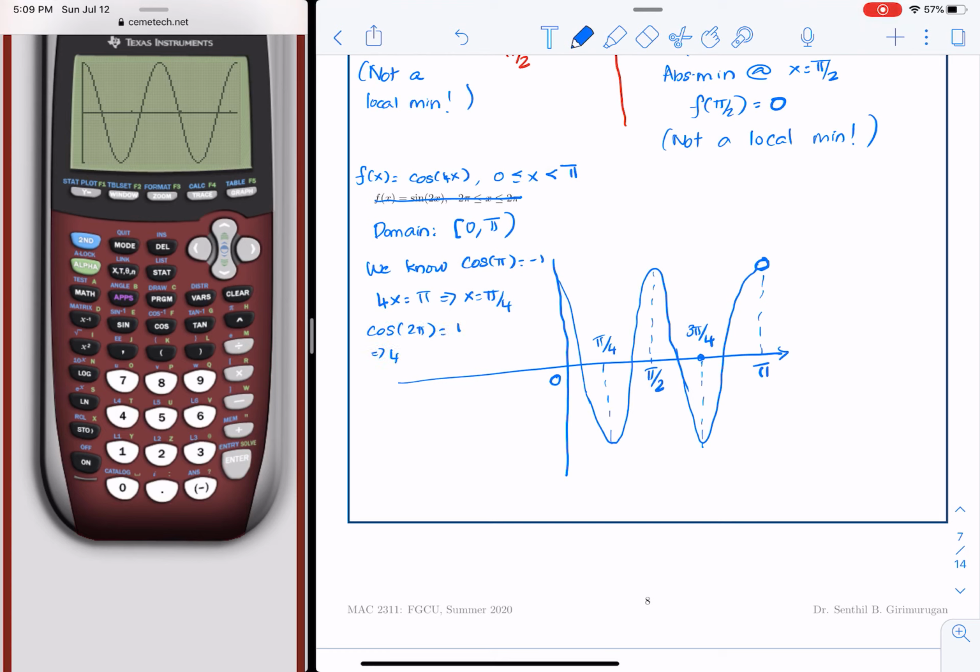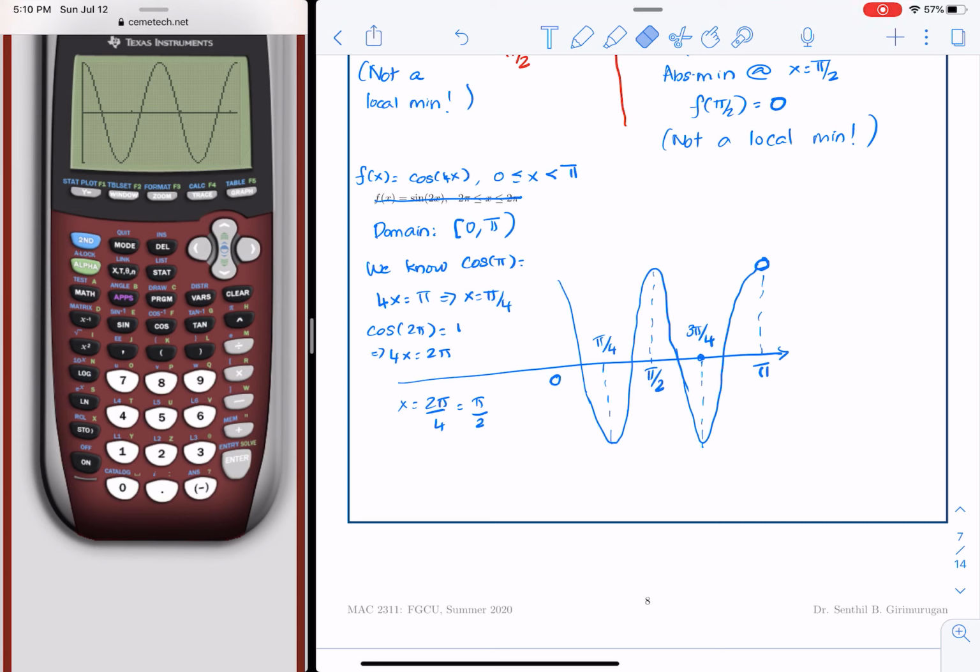So I'm setting 4x equal to 2 pi, x would be 2 pi over 4, which would give me pi over 2. The next time cosine would become negative 1 would be when it is equal to 3 pi and so forth. So I'm using the properties of periodicity to determine the next values for the cosine peaks, +1 and -1.